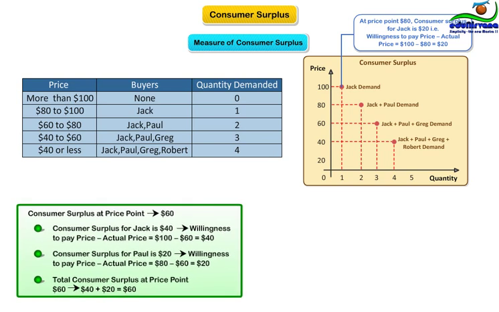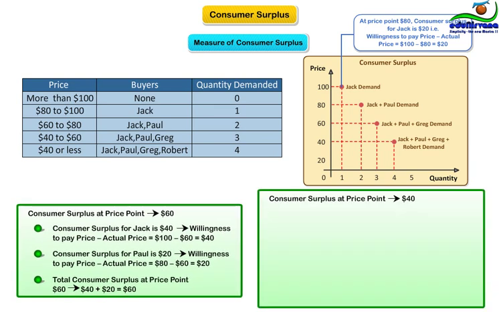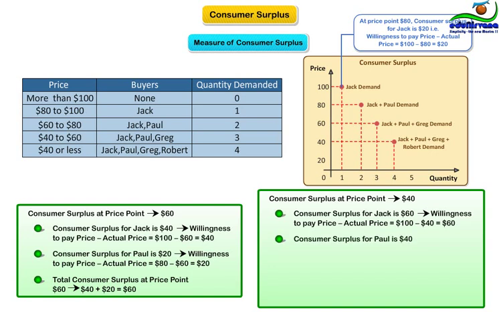Let's now find out the total consumer surplus at the price point of $40. The consumer surplus for Jack is $60. That is, willingness to pay minus actual price, which is $100 minus $40, results in $60. The consumer surplus for Paul is $40. That is, $80 minus $40, results in $40.